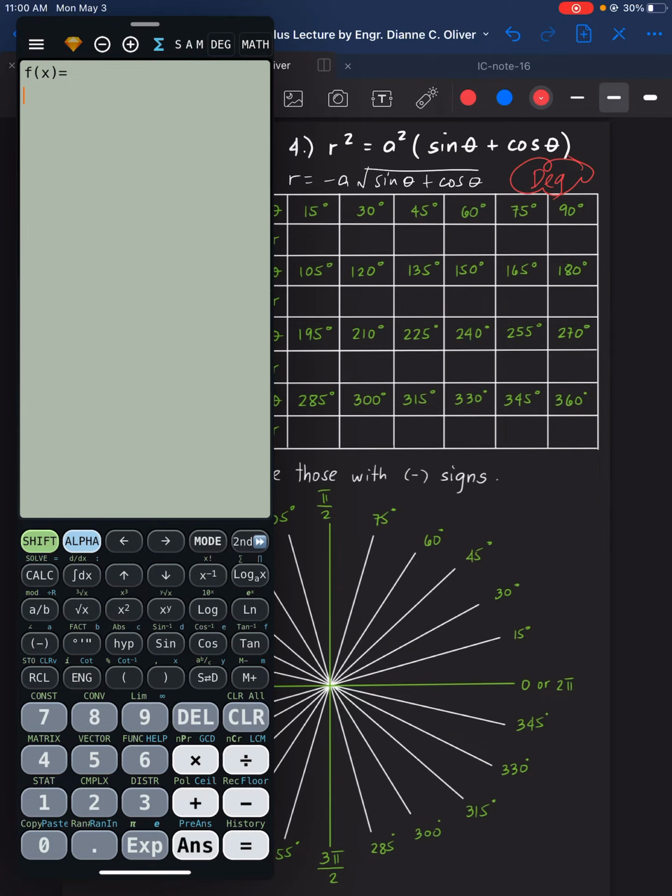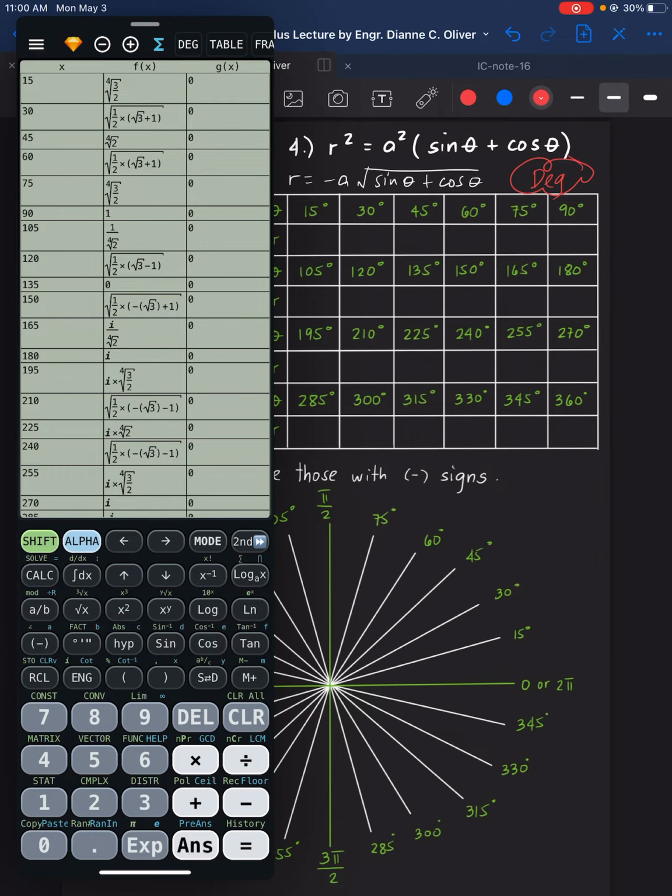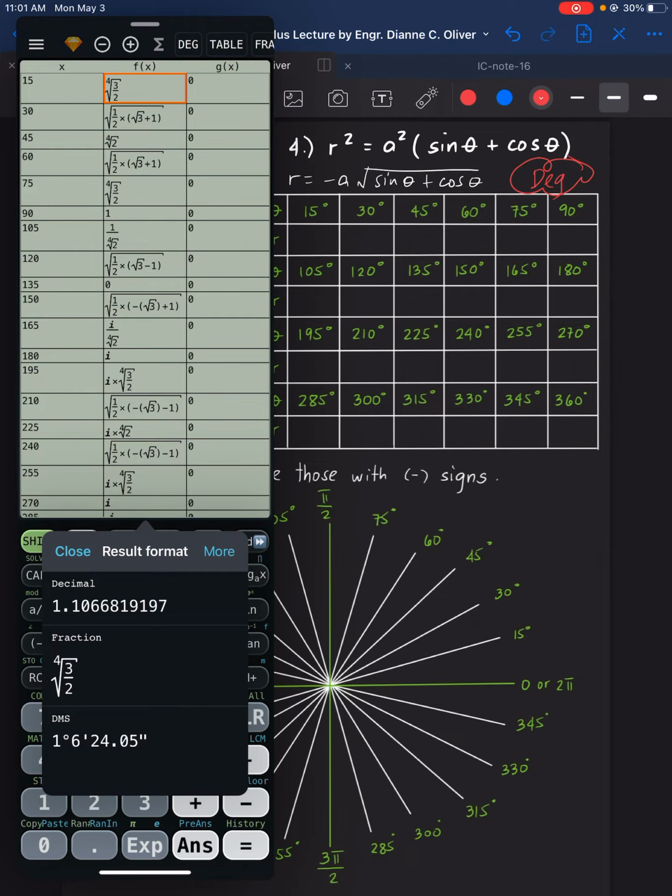We have there the square root of sine alpha x plus cosine of alpha x equals, 360 step. So we have here the decimal of 15 is 1.1.